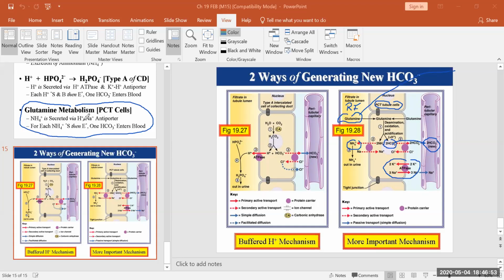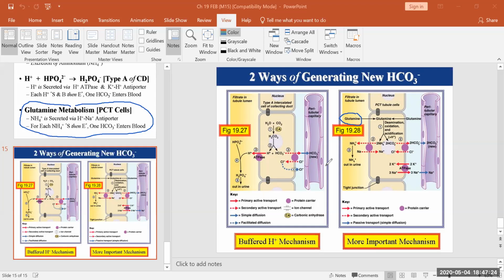Now, a question I know that you can answer: what would be the mechanism of transport of glutamine inside the cell? That's a question for you. If you spend some time on it and cannot arrive at an answer, just ask me on your discussion board, okay?